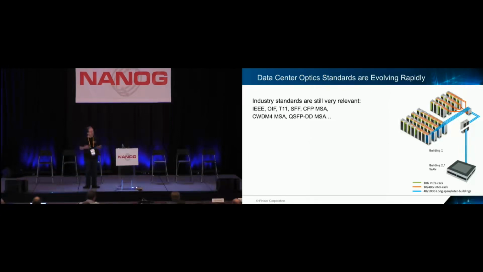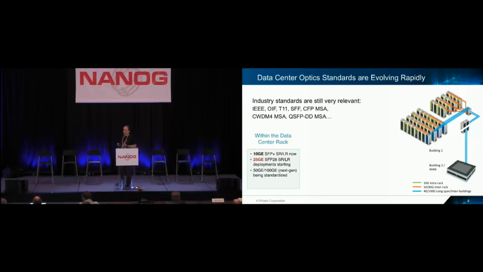There are many different MSAs that govern the mechanics and the electrical, in some cases, of the transceiver form factors. And then you have some of the MSAs like CWDM4 and others that specify some optical applications for specific needs. So all of the standards are becoming even more relevant to make sure that transceivers talk to each other and that different transceivers from different sources work also in different white boxes.